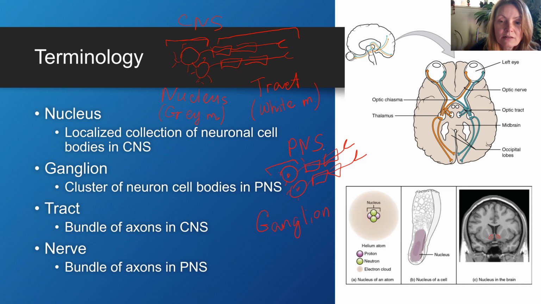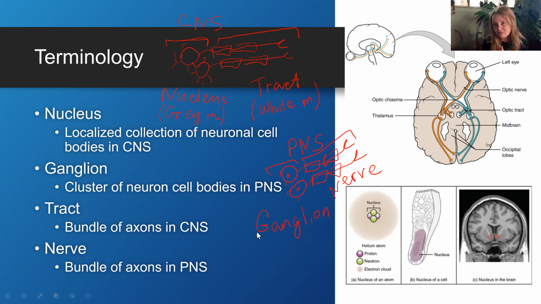And this bundle of myelinated axons in the peripheral nervous system we call a nerve. We don't use gray and white matter for the peripheral nervous system. So a ganglion is a cluster of neuron cell bodies in the PNS, and a nerve is a bundle of axons in the PNS.